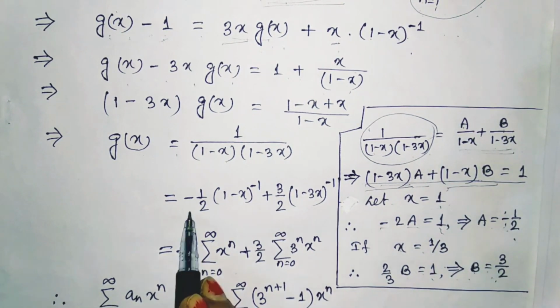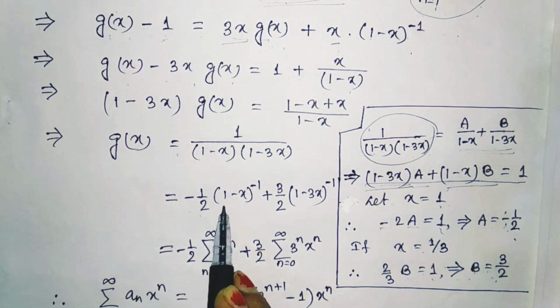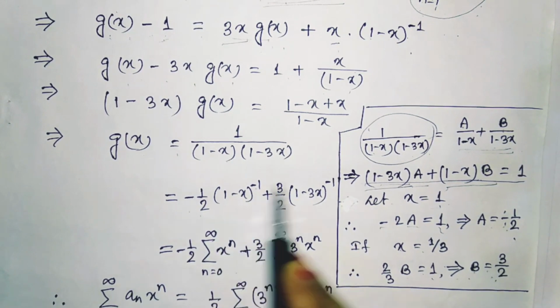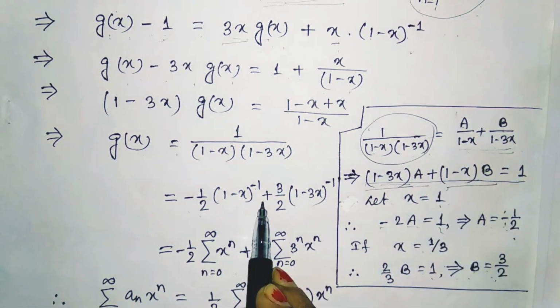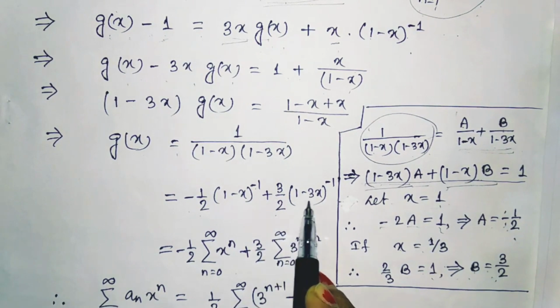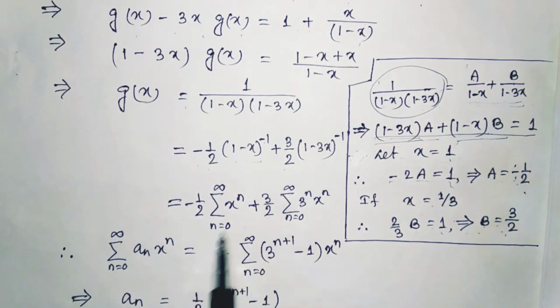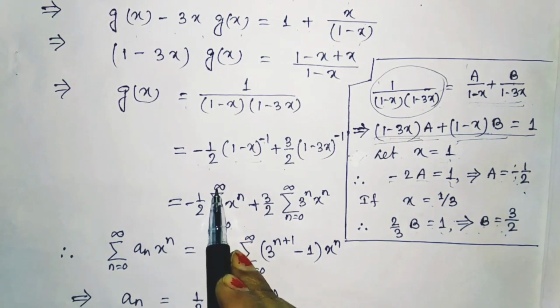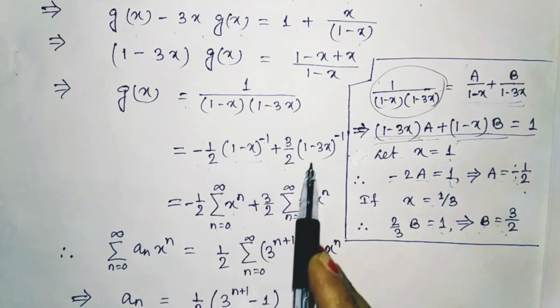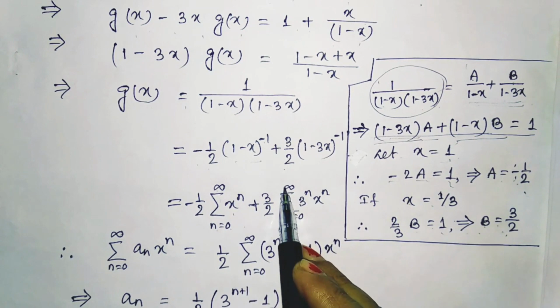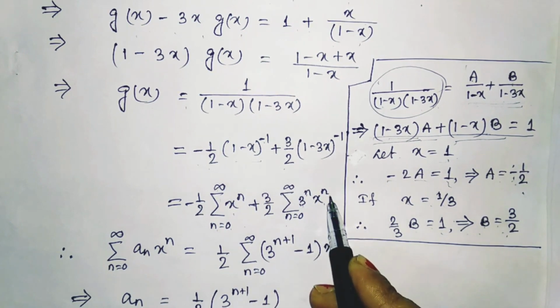So it is minus 1 by 2 into (1 minus x) inverse plus 3 by 2 into (1 minus 3x) inverse. This one means the summation of n from 0 to infinity x to the power n, and this one is the summation of n from 0 to infinity 3 to the power n x to the power n.